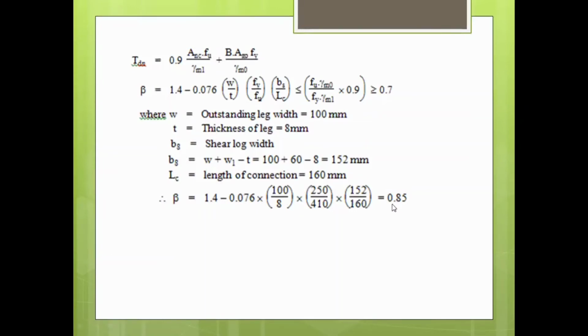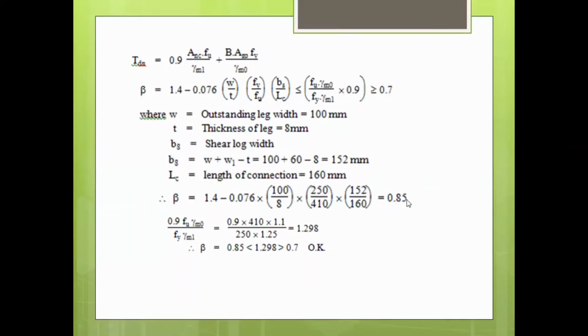Now we have to compare this value with two things. One is 0.7, another is the term in the bracket. So we have to find this ratio also. Let us find this ratio first. This condition is again given by the IS code. If I calculate the ratio in the bracket, I get 1.298.